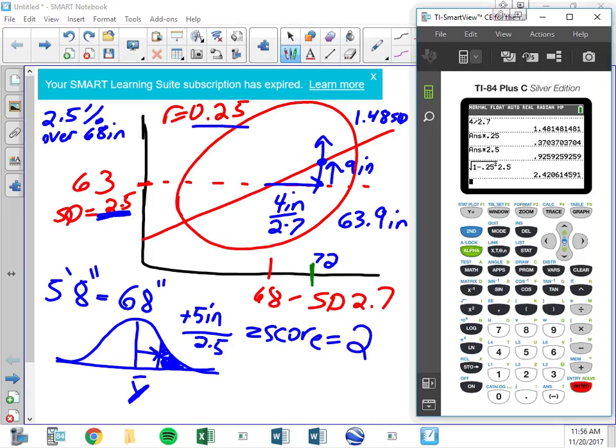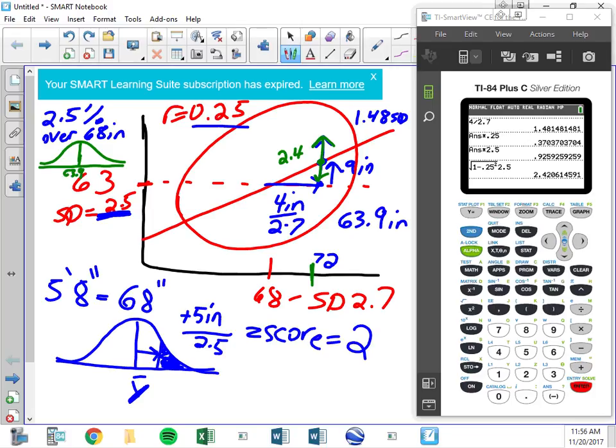Okay, so we would expect this number to be off by 2.4 in either direction, 2.4 inches. So now we draw a new curve, and the average is now 63.9.